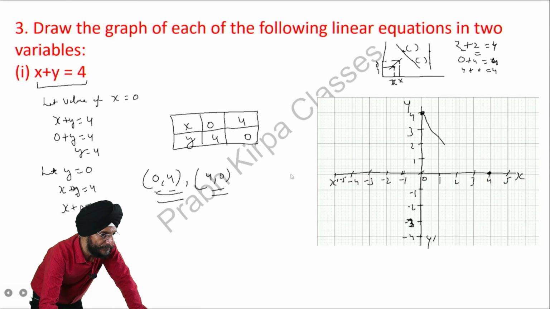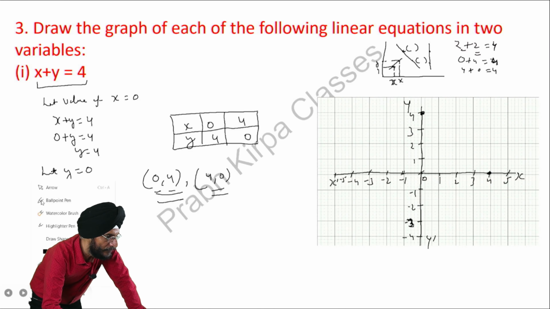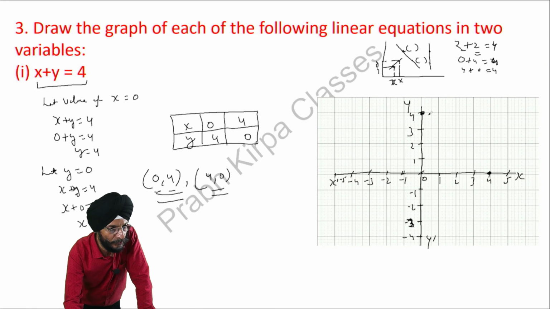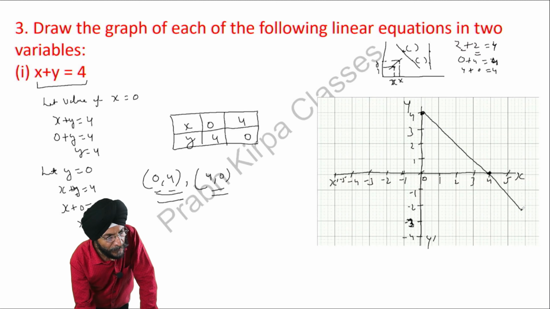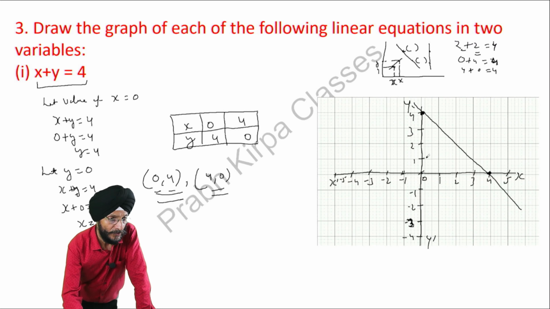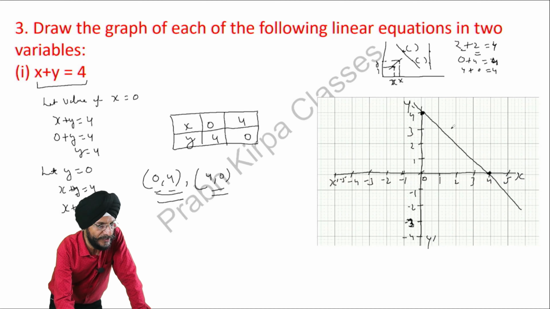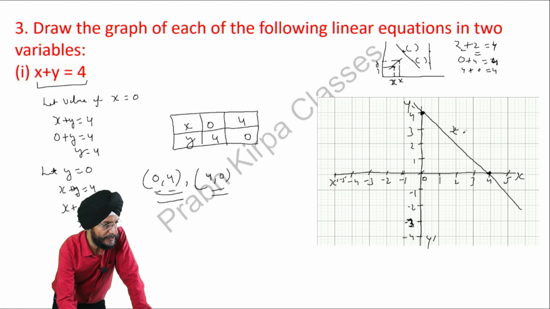Here it has been wrongly drawn, or I have been unable to join the two properly. Here it will be in this form. So the equation is x plus y is equal to 4.